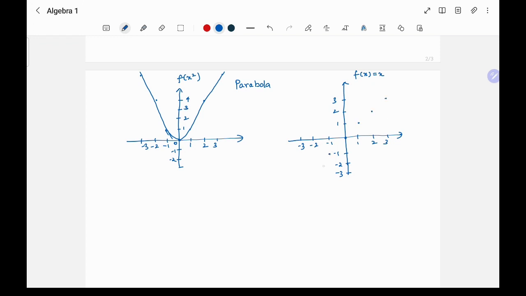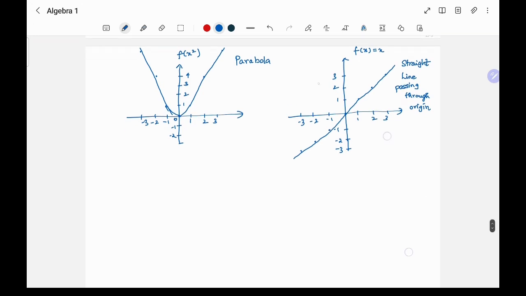Minus 1 maps to minus 1, minus 2 maps to minus 2, minus 3 to minus 3. So we have a straight line for y equal to x. This is a straight line, and it's passing through the origin. You can see it is symmetric about this axis, right? So it is an odd function.